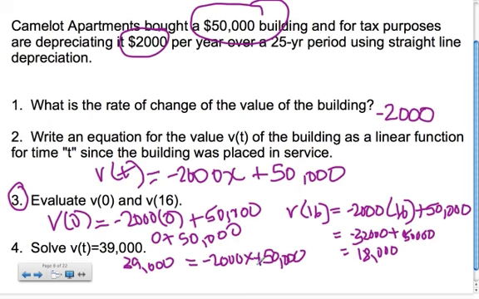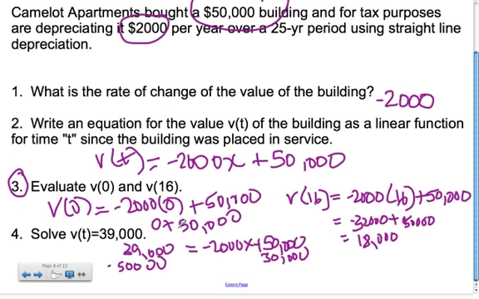So I need to subtract 50,000 from both sides. If I slide down here a little bit, I get negative 11,000 equals negative 2,000t. I'm sorry, negative 11,000, not 21,000.